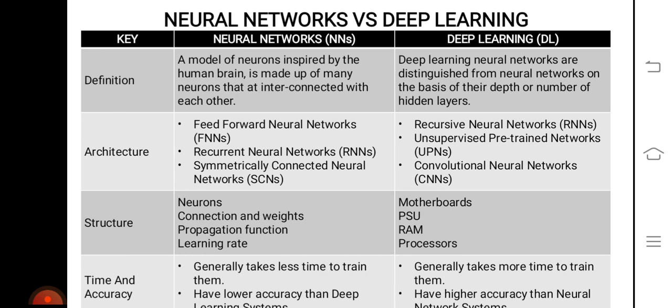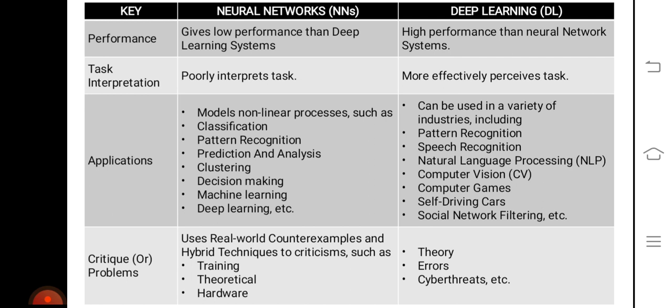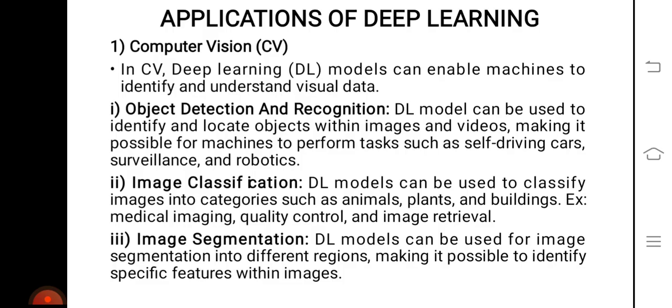The differences between neural networks and deep learning are given in terms of structure and architecture, definition, and time and accuracy. And what are the applications? In what situations are we using it?